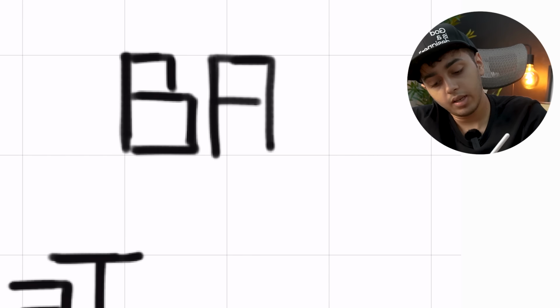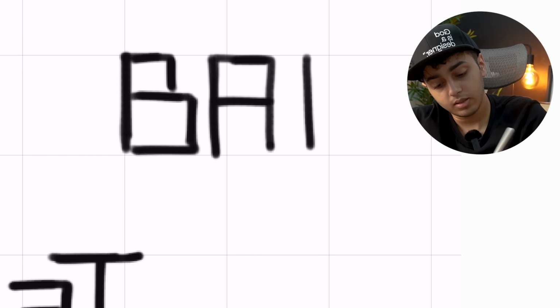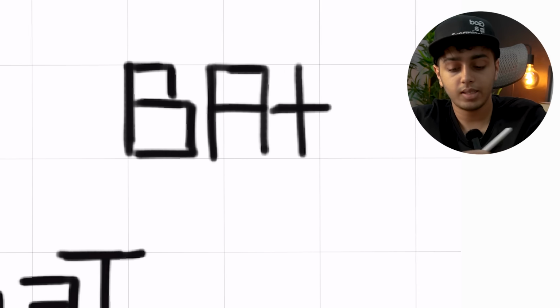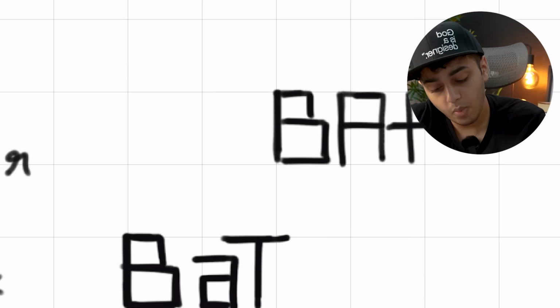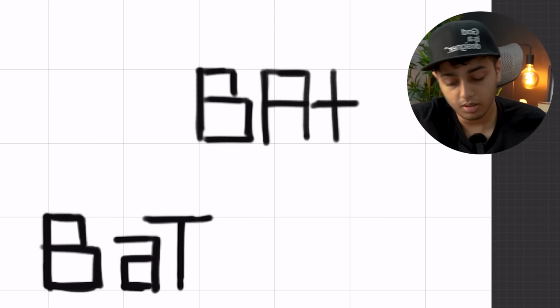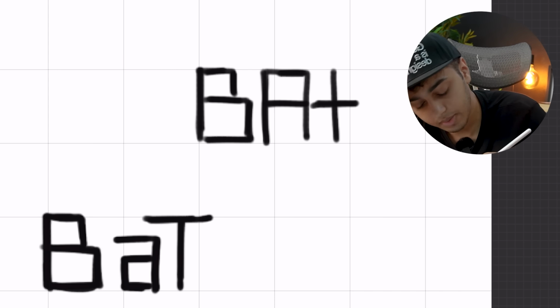Oh, interestingly, these 3 lines, so if we have a T right here, these 3 lines match. So we can have one consistent line in it, we can try something like that.